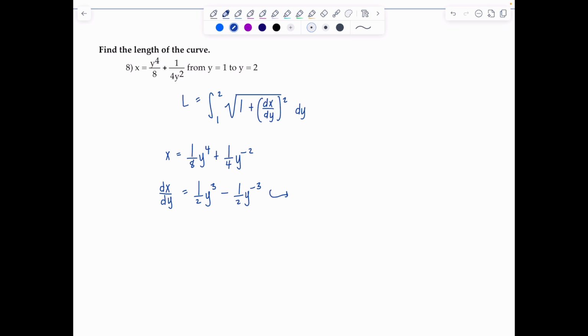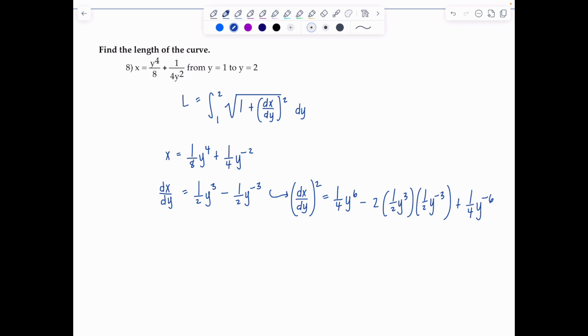Then let's square it. So (dx/dy) squared is going to be 1/4 y to the 6th. Now don't forget, you have to square the entire quantity, right? Minus 2 times 1/2 y cubed times 1/2 y to the negative 3rd, plus square the last one, 1/4 y to the negative 6th.